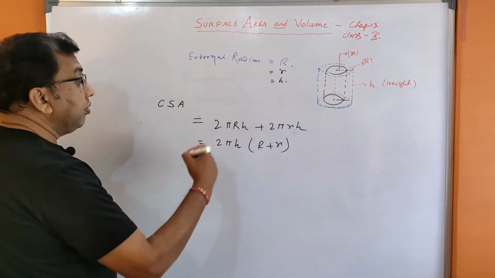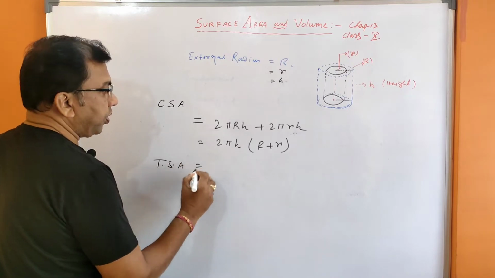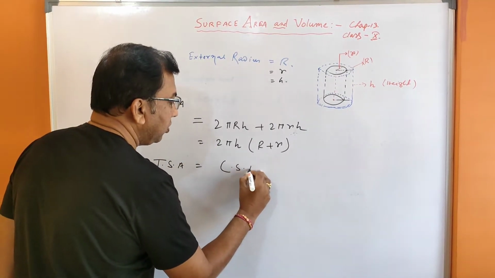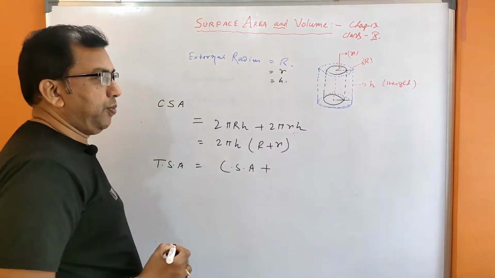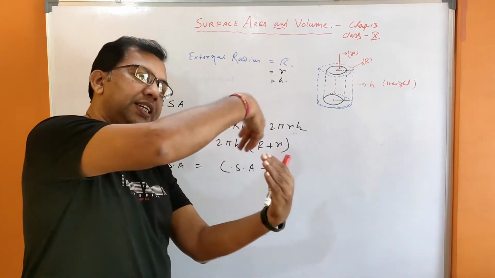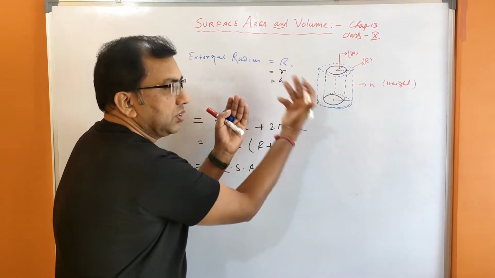Then next, total surface area. Total surface area means curved surface area plus the area of the base ring. I discussed in yesterday's class that curved surface area means only the curved surface.